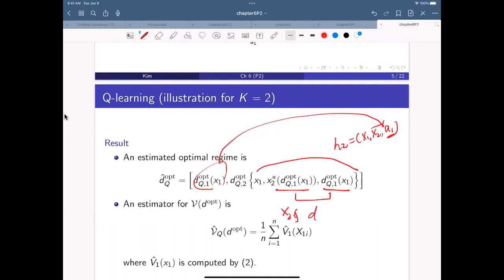X2 and the T1 optimal, right? I see your concern. So we can equivalently write it as Q2 OPT and X1, X2, T, Q1 OPT, X1. I see. Probably this is better.